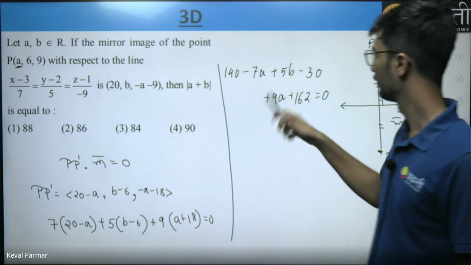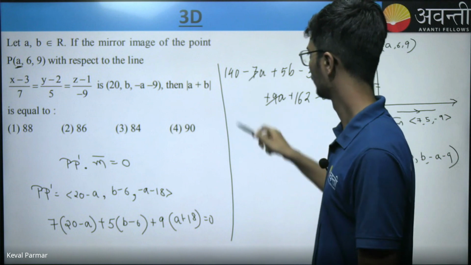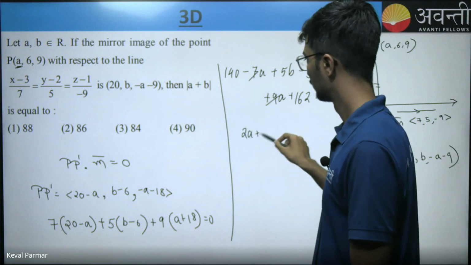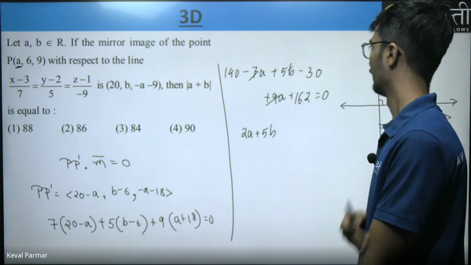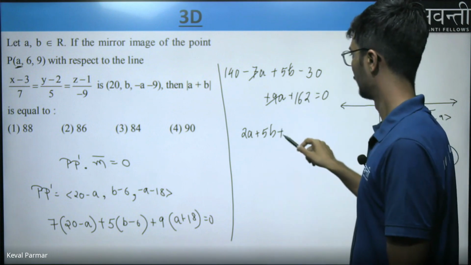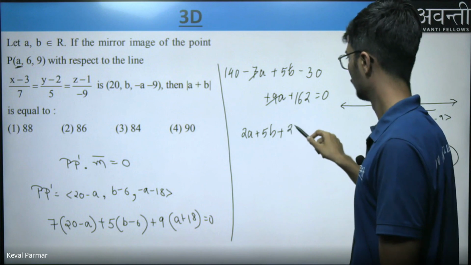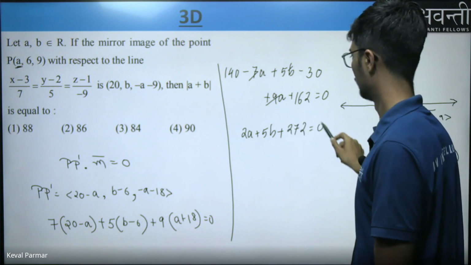Because here if you simplify it, I think we'll get 9A minus 7A, 2A, plus 5B, plus 272 equals 0.